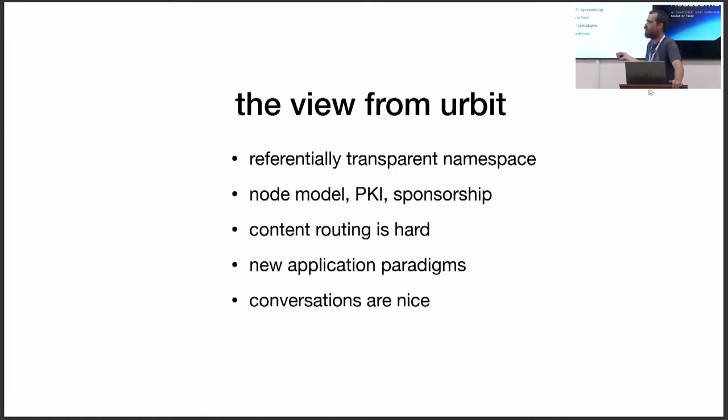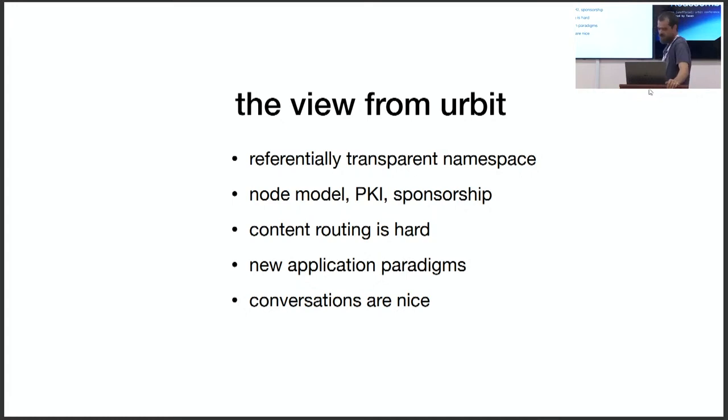We have a node model. Every name in the namespace, every path starts with a ship. The ship is a first-class routable identity. So we can just collapse the problem space way, way down. The need for new application paradigms is no problem at all. Like, we're here. That's table stakes.